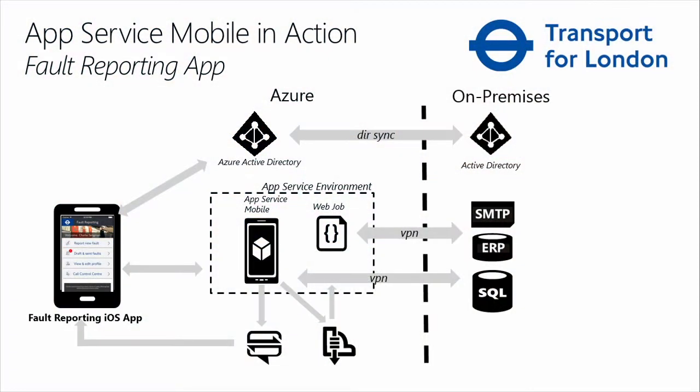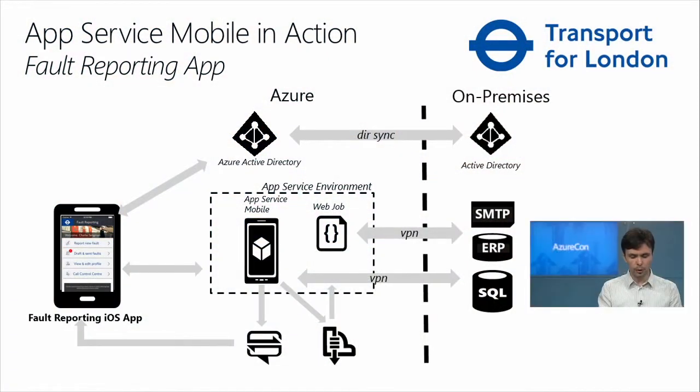Let's take a look at how App Service allows customers to build such apps. This is what Transport for London used. Transport for London built a native iOS app called Fault Reporting. This app connects to an App Service, specifically App Service Mobile Backend. In its turn, App Service Mobile Backend connects to a SQL database where it stores everything that the app submits.